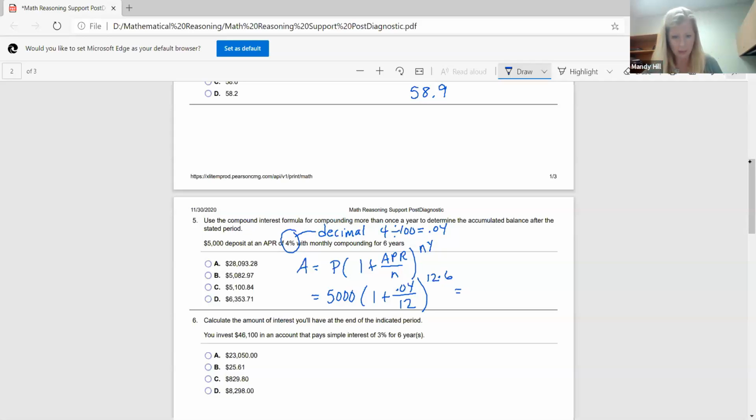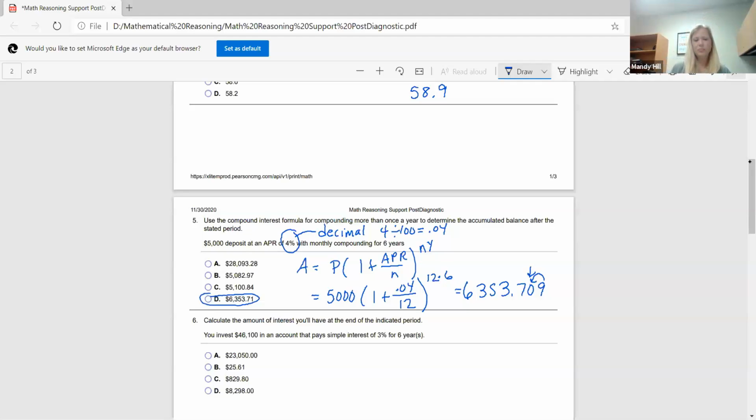Okay, and I am coming up with $6,353.709, and we know that we are rounding to 2 decimal places because we're talking about money here. So this 9 would make this 0 round up to a 1, so the right answer would be D here.